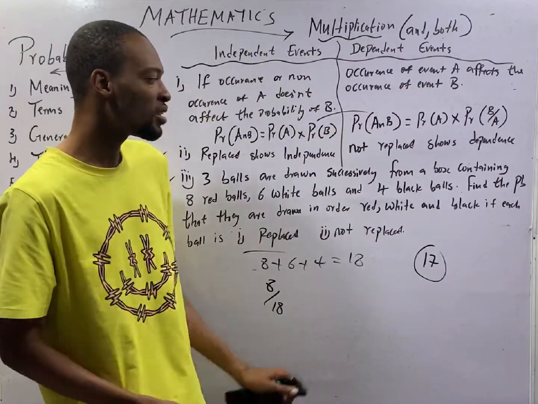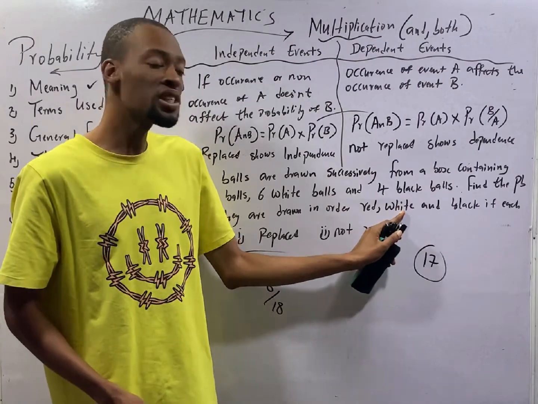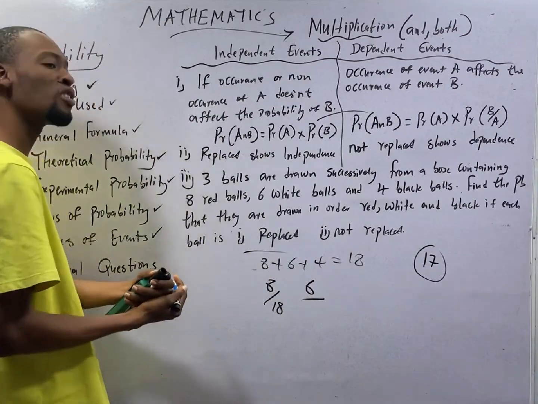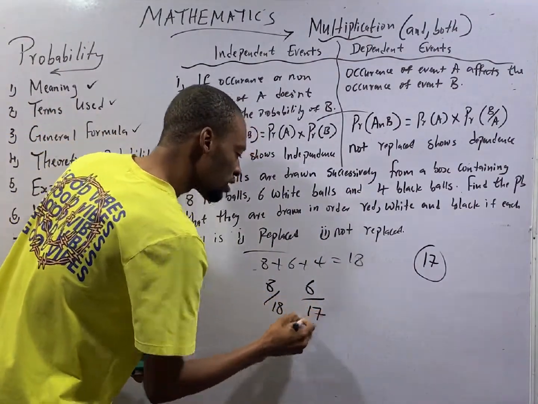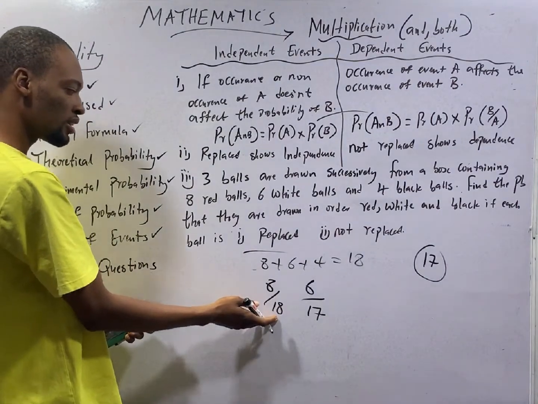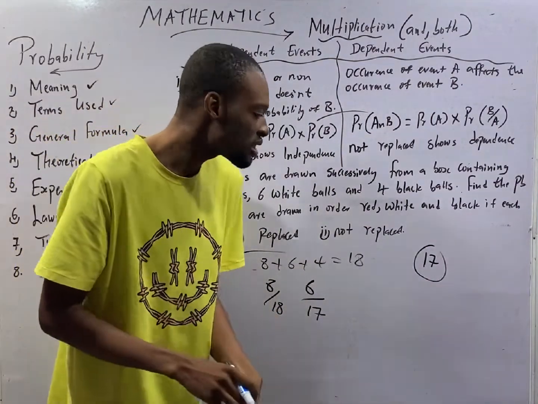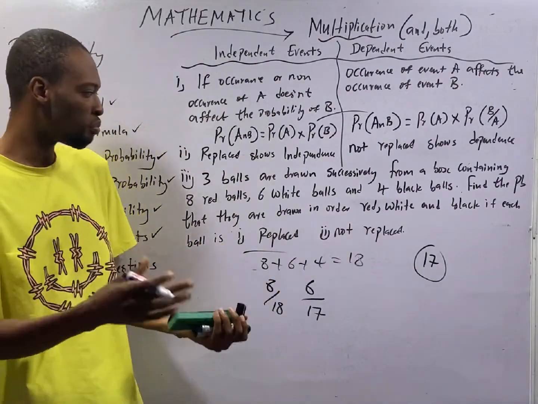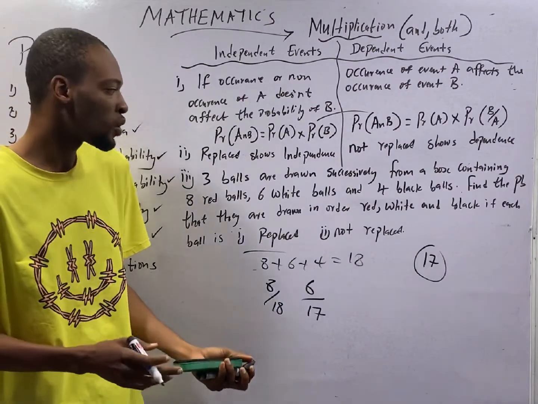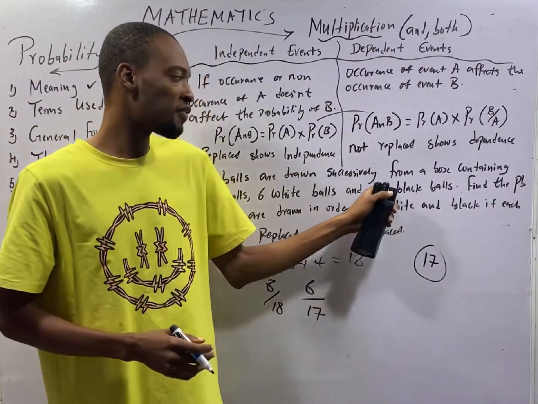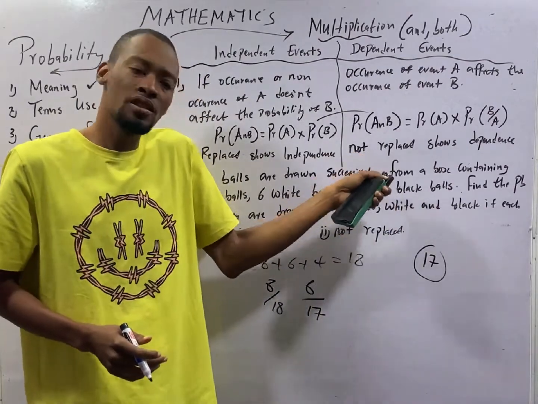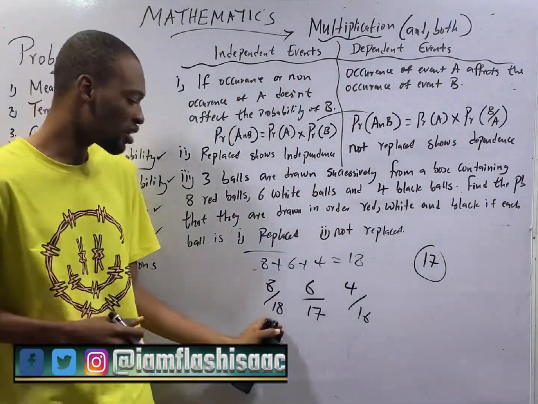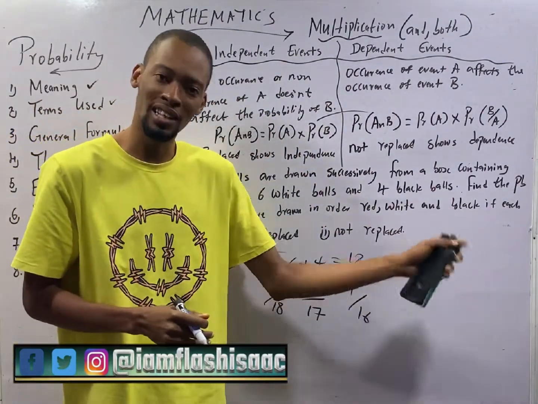If I now go again to take a white ball, the probability of picking a white ball becomes the number of white balls, 6, over the total number of balls. It is now 17 instead of 18. Then I also did not replace the second ball I took, meaning I've taken 2 balls out of the box. I go again to pick black. There are 4 black balls. The chance of picking this black is now 4 over 16, because as you take and you are not replacing, the total begins to go down and down.